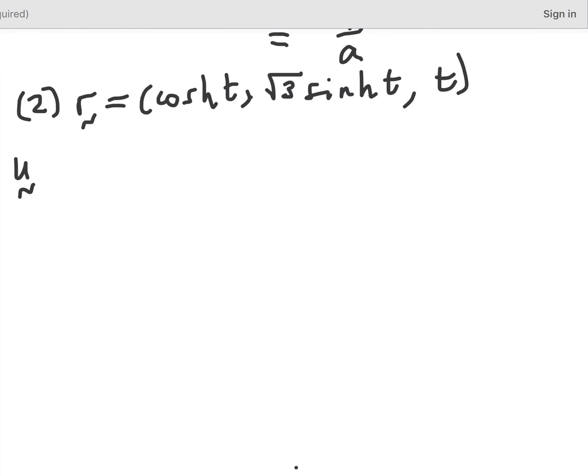We had shown earlier that the vector u, the unit tangent vector, is in terms of hyperbolic functions 1 over 2 into hyperbolic tan, root 3, and hyperbolic secant. This is what we showed earlier, of course.